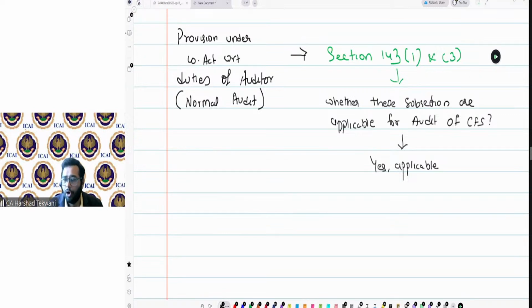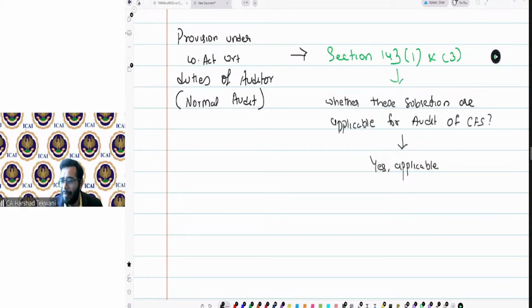The reason they are applicable is, see, whenever we're doing the audit under Companies Act, the auditor's responsibility goes, and if you see the wordings of the particular provision, it says that the audit report shall also state the following things. And everywhere the term which is used is financial statement.